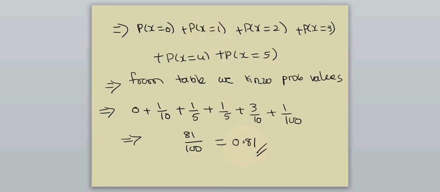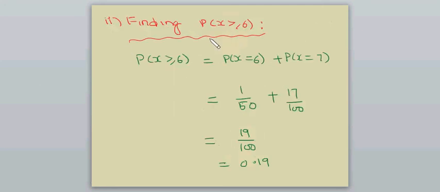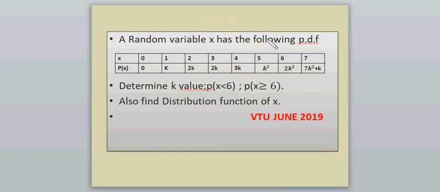Next question is the probability that x is greater than or equal to 6. Look at the table. We have x values up to 7, so x greater than or equal to 6 means only the two values 6 and 7, because the maximum x value is 7. These two probability values we have to add.